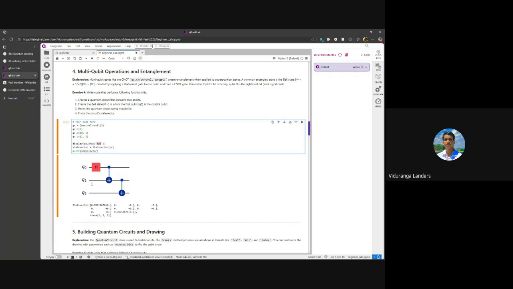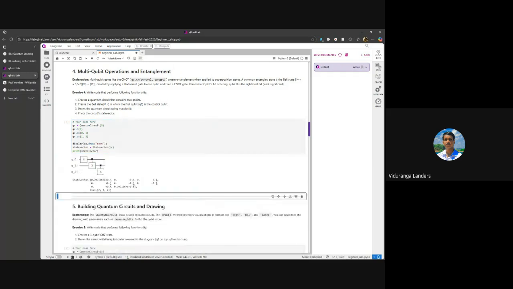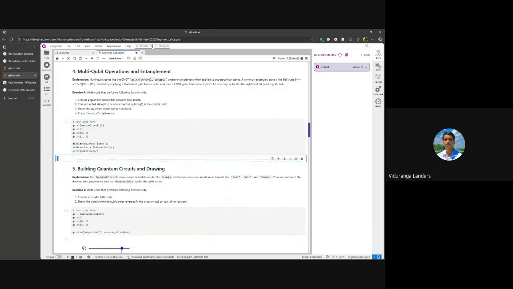There are some other ways that you can draw circuits, especially if you are writing a research paper, or you want to add this to some documentation and you don't want to add it as a picture. Then you can generate a text version of it with Unicode characters. You can also do the LaTeX version of it.